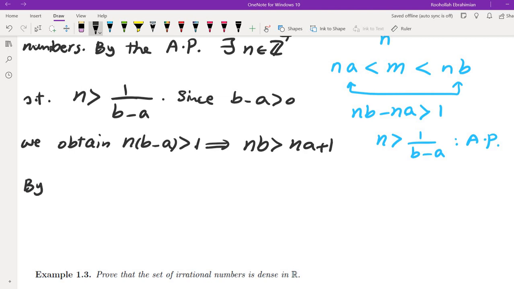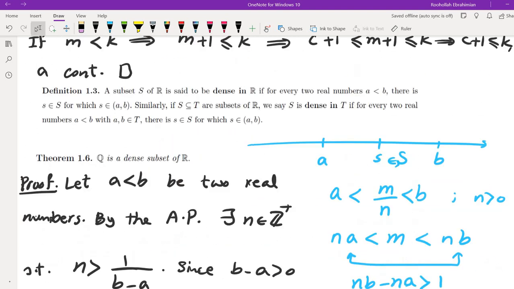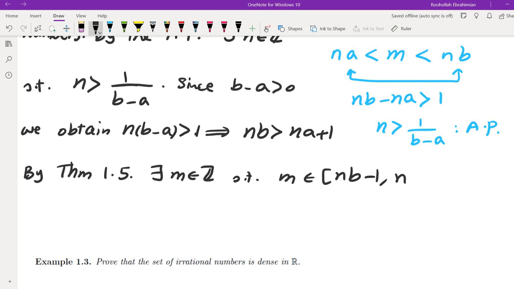Now, by theorem, I believe 1.4, if we go back, or 1.5, there is an integer m such that m is inside the interval from nb minus 1 to nb. So I guess we're going to rewrite this a bit differently. nb minus 1 is greater than na.